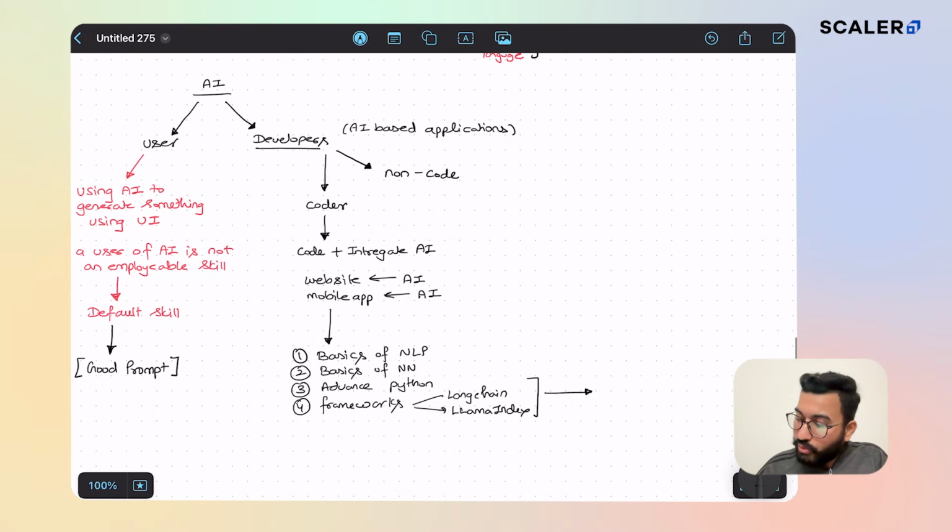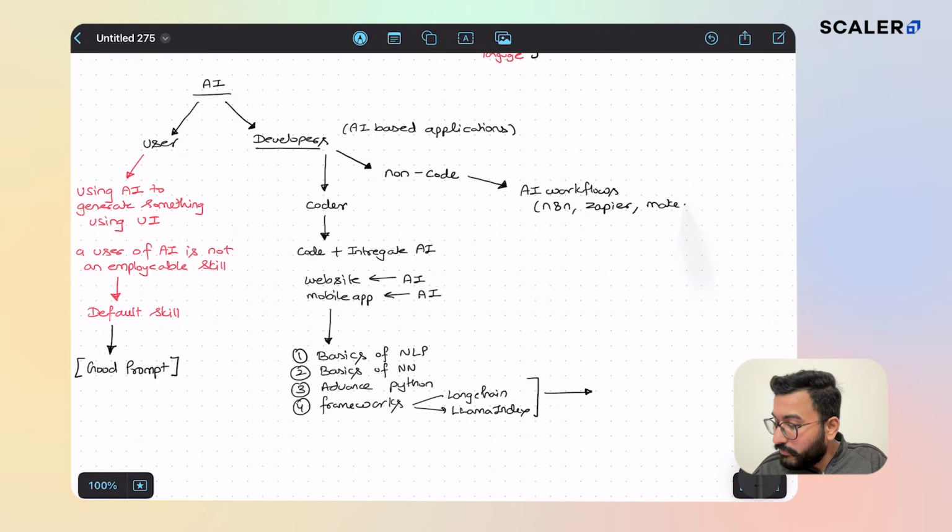But if I talk about the non-coder way, this is the section which is available for those people who are trying to become AI developers, but they don't like to code. That is where you start creating AI workflows. And to create AI workflows, you can use platforms such as N8N, Zapier, Make.com.